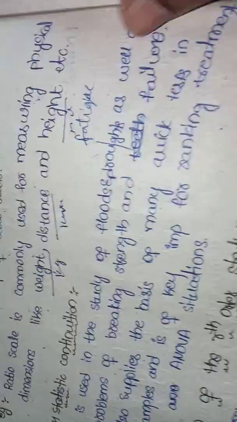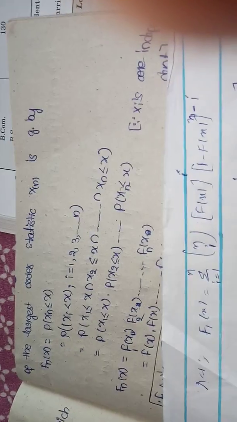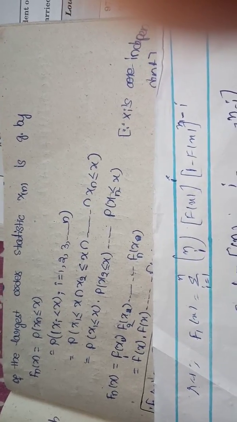Then the CDF F_n of x of the largest order statistic Xn is given by F_n of x equals P of Xn less than or equal to x.